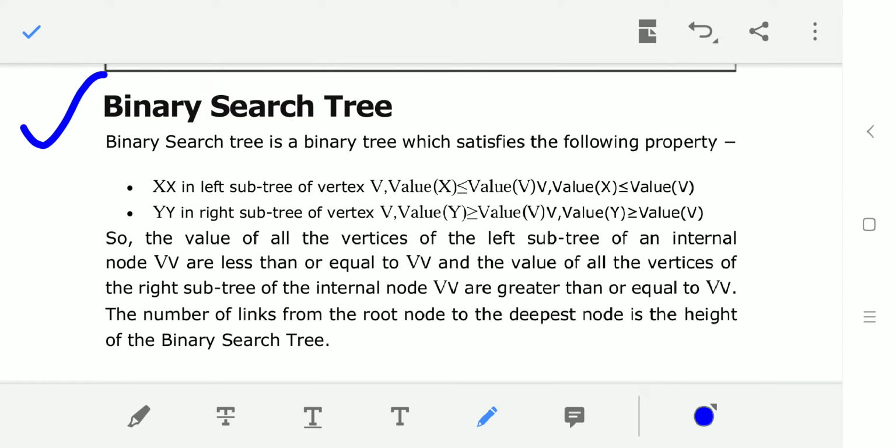Binary search tree is a binary tree which satisfies the following properties.